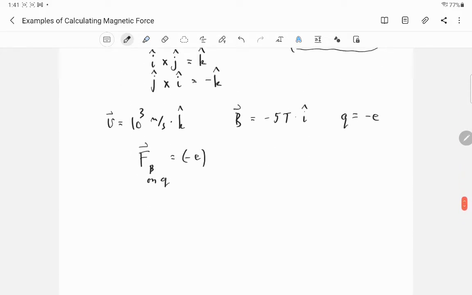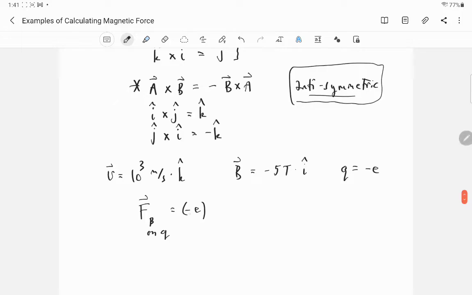So I've got the negative E, that's the charge. I have the velocity, it's 10 raised to the third power meters per second k hat. And I take this and vector cross product with the magnetic field second. So -5 Tesla I hat.